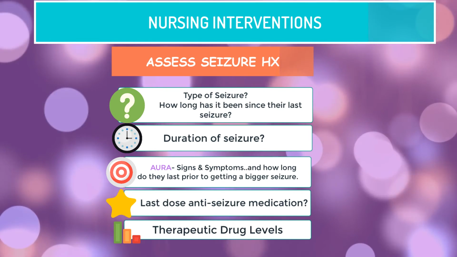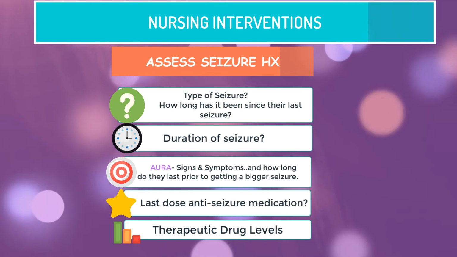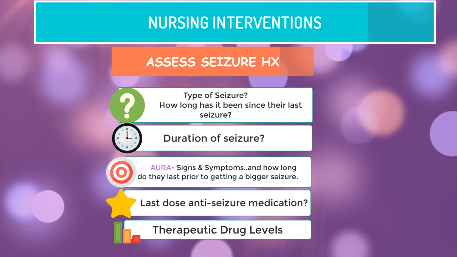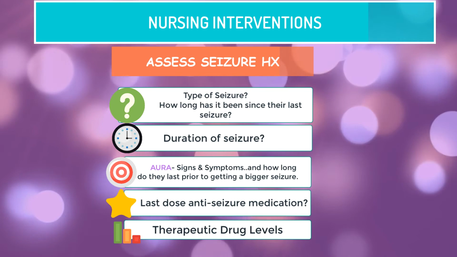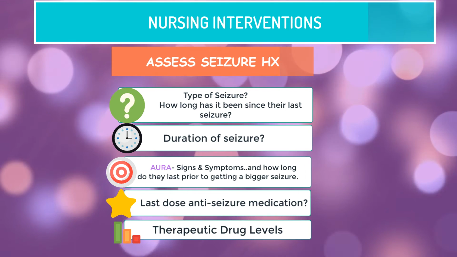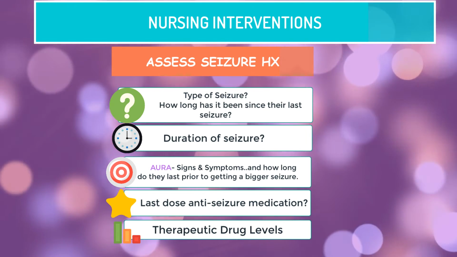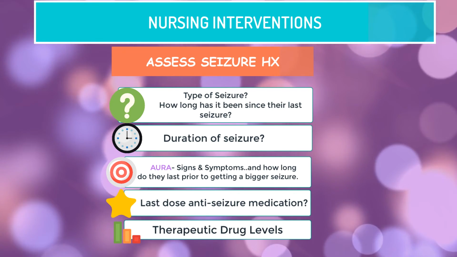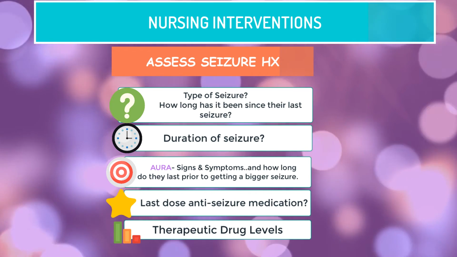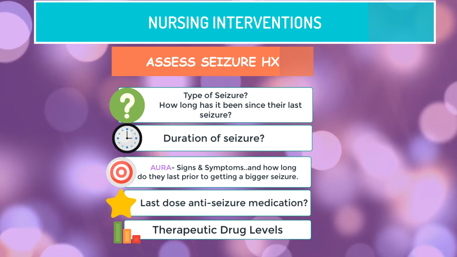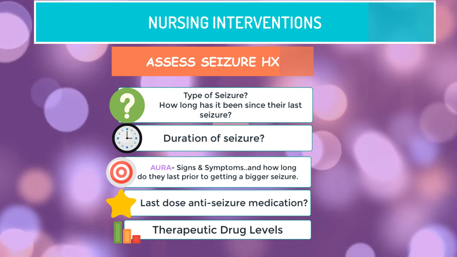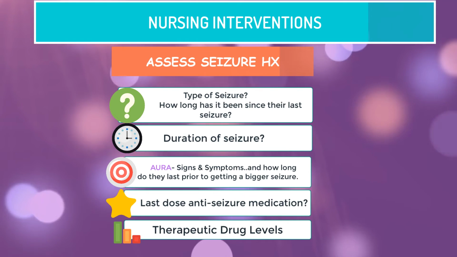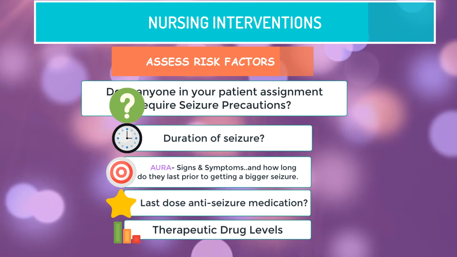One of the things that can cause a seizure is when the patient is not taking enough of the medication and they are under the therapeutic drug level that we want the patient to be in order for the medication to actually work. Therefore, it is very important that you as a nurse are monitoring these therapeutic drug levels of your patients, because if your patient is under-medicated, they can have a seizure.